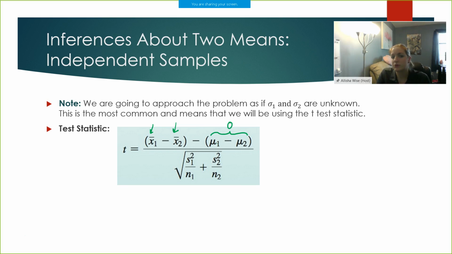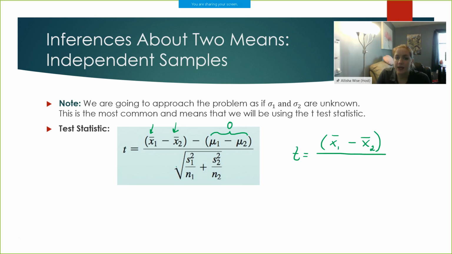So when we type our T statistic into Excel, we're really just going to take X bar 1 and subtract X bar 2, because this part right here actually falls away. It's 0. We don't need to worry about that. So instead, we're just going to subtract our 2 sample means in the numerator.